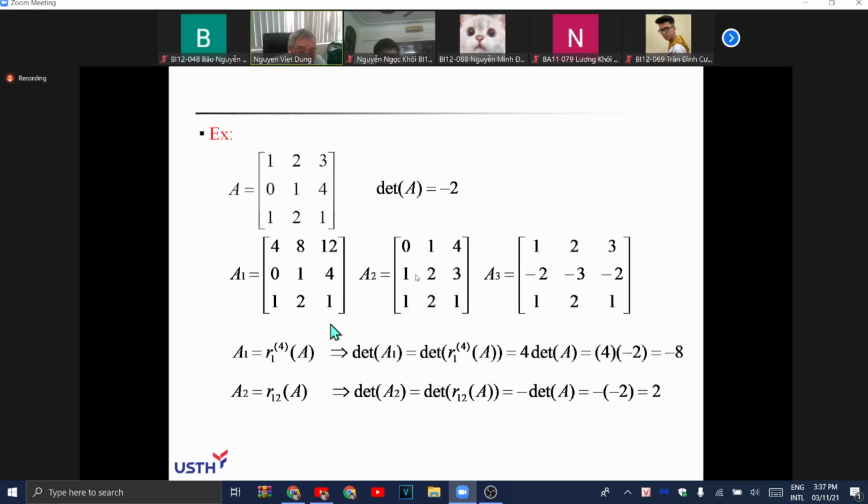The first row now goes here, and the second row goes to the first row. Because of that, the determinant is changed by sign, so the determinant of A2 equals 2. The last one is just a little more difficult to see. A3 is obtained from A by multiplying the first row by minus 2 and adding to the second row. Because of that, the determinant of A3 equals exactly the determinant of A, which is minus 2.